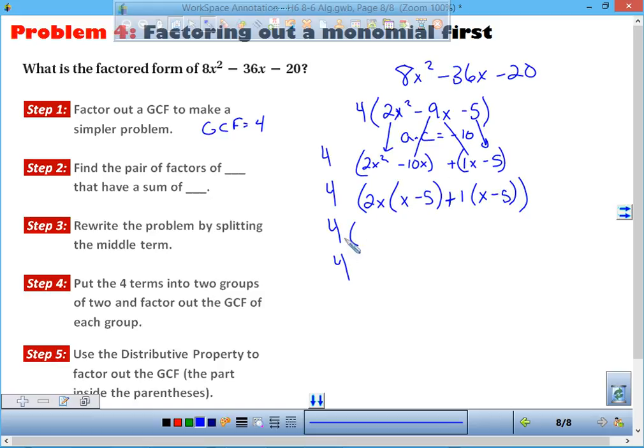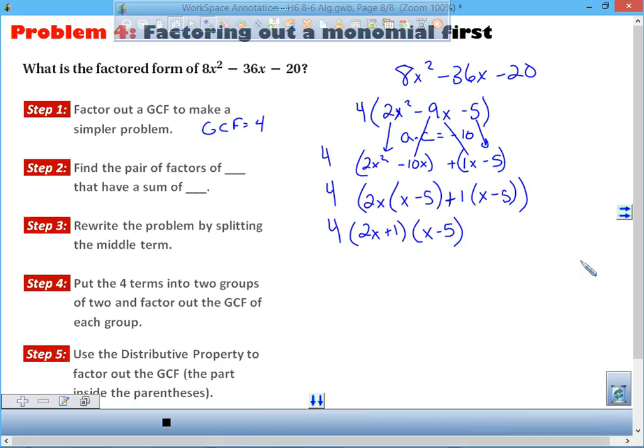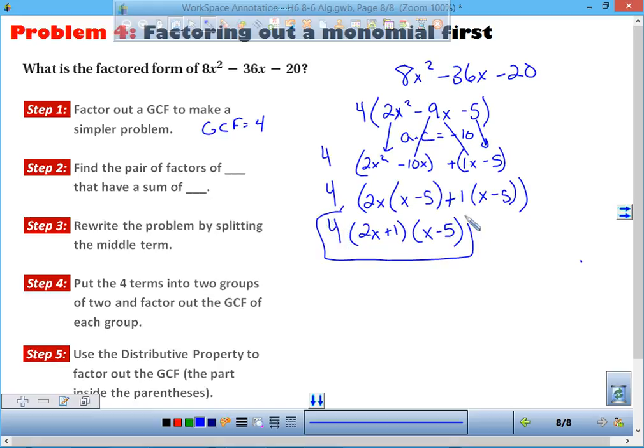My first binomial is 2x plus 1, and my second one is x minus 5, and then we're done. So when you have a GCF right at the beginning, it just tags along. It's just a part of your answer at the end. So my answer includes that 4 out in front. It's 4 times the quantity 2x plus 1 times the quantity x minus 5.